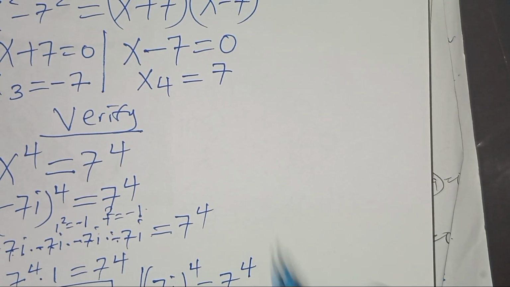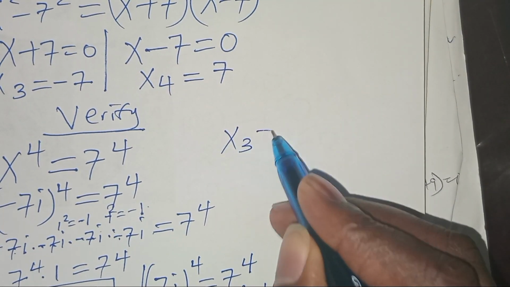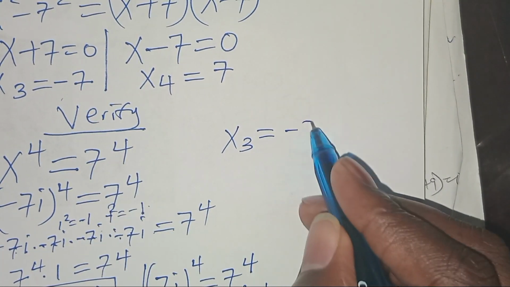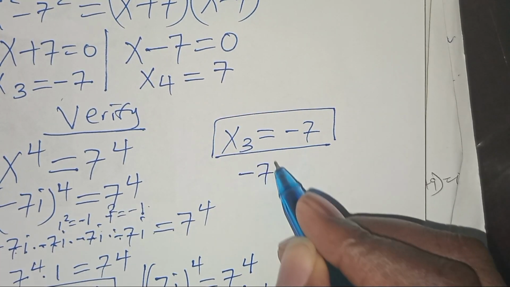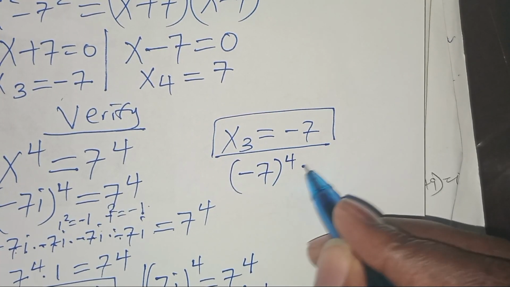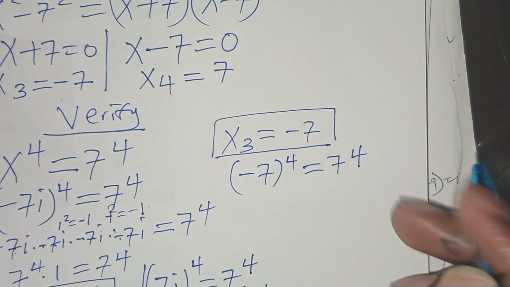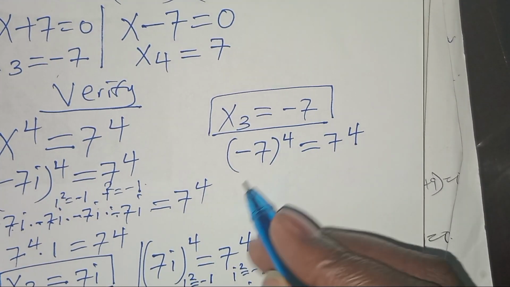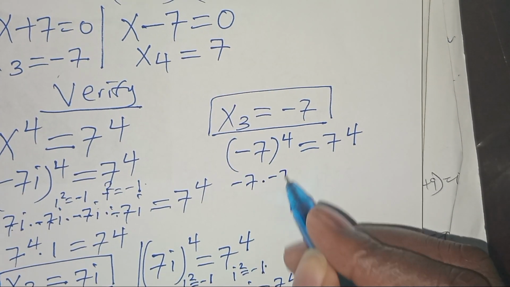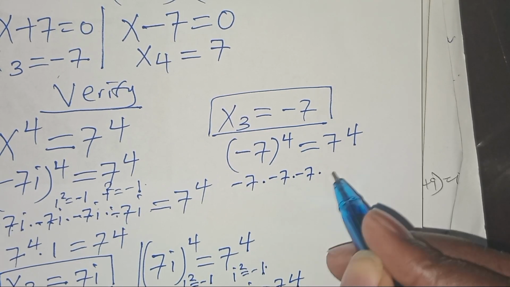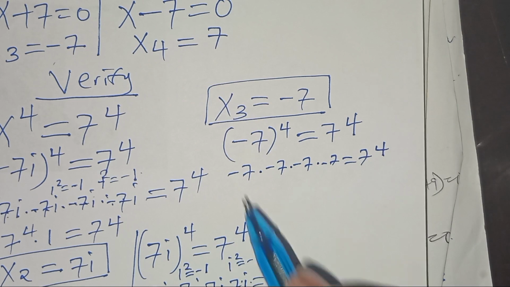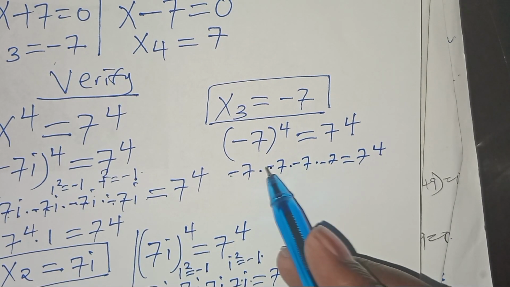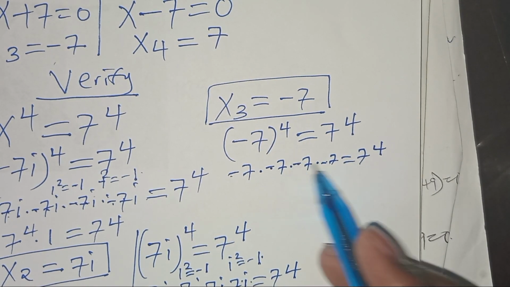So let's move to x3. x3 here is equal to negative 7. So you say negative 7 raised to the power 4, which should be equal to 7 to the power 4. So you have negative 7 times negative 7 times negative 7 times negative 7. Negative times negative is positive, and negative times negative is positive.